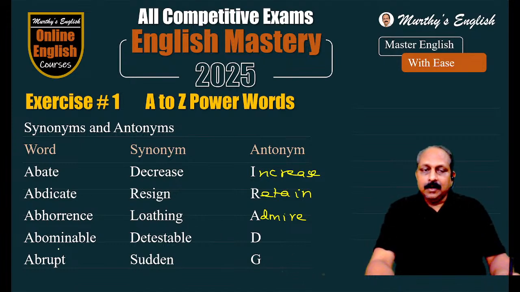Admire. Abominable. Detestable. What is the opposite? Now, Pratibha also got it right. Admire. Tripura Sundari also. But try to answer this one. Abominable, detestable. Not appetite. Admire.